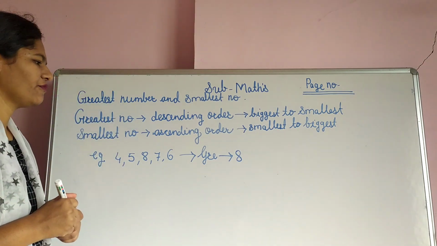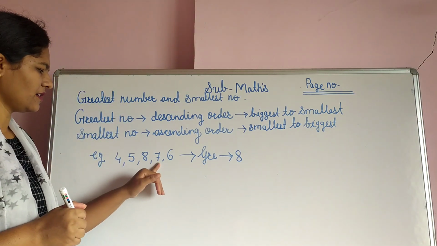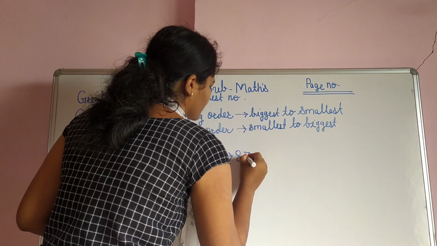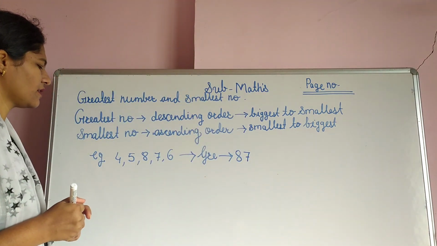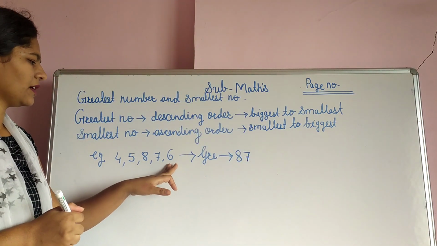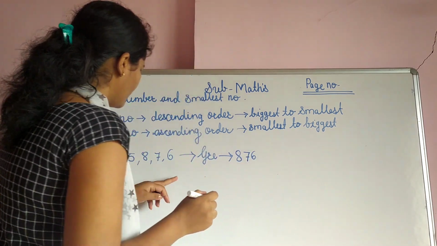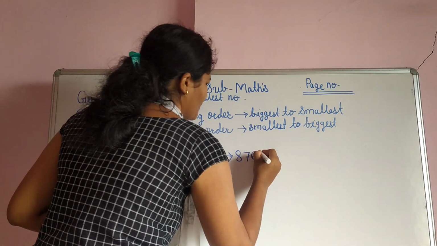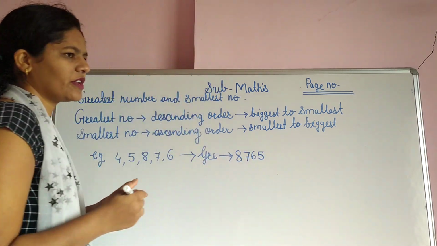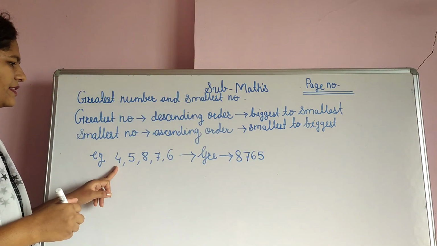Now after 8, which number is big here? That is 7. Then what is next? After 7, which number is big? That is 6. Then after that 5 is there. And last, which is the smallest digit? That is 4.